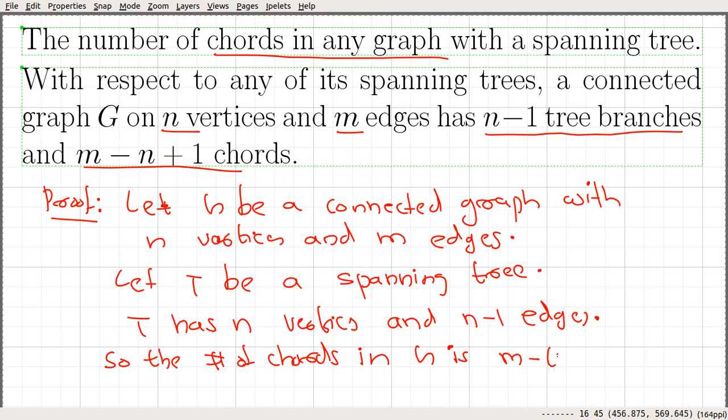The number of branch edges is n minus 1, so it is nothing but m minus n plus 1. So that's the proof. We can see that with respect to any of its spanning trees, a connected graph G on n vertices and m edges has n minus 1 tree branches and m minus n plus 1 chords.